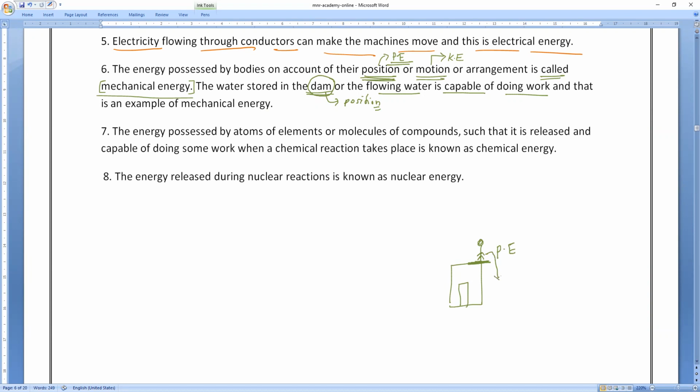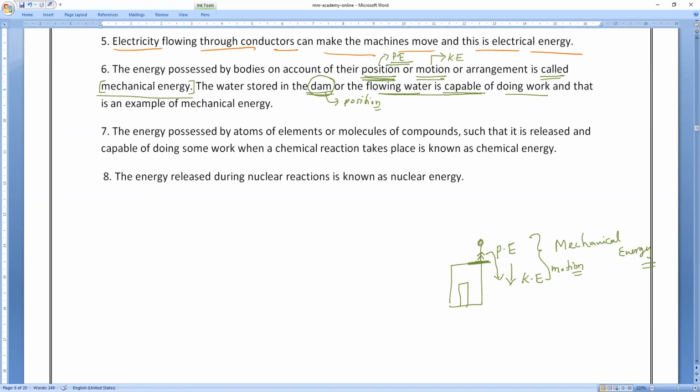When you jump from there, you will start moving. So by that time, what energy are you possessing? Due to the motion, kinetic energy. Okay. Potential energy plus kinetic energy together we call what? Mechanical energy. Now, if I release the water from the dam, the water will start flowing.